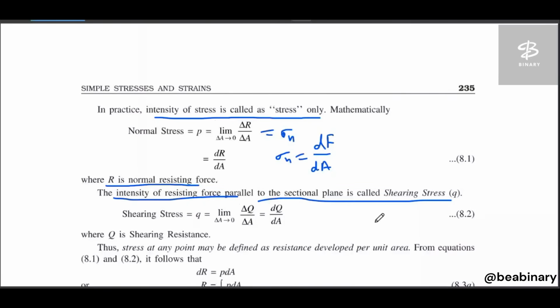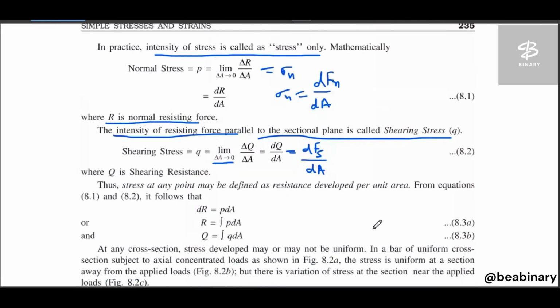Shearing stress is the limit, as delta A tends to zero, of delta Q upon delta A, that is, dFs upon dA. It is the shearing force upon the shearing area, where Q or Fs is the shearing force.